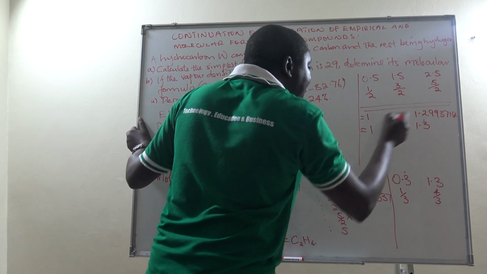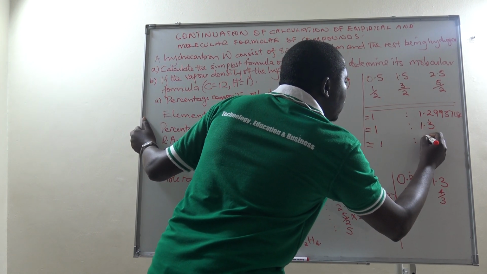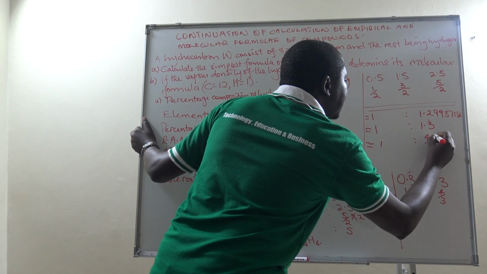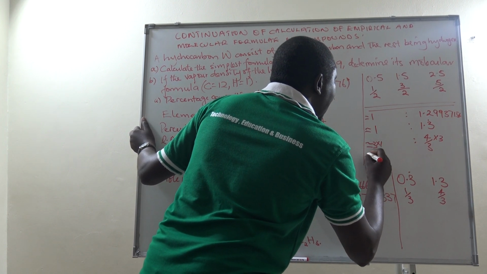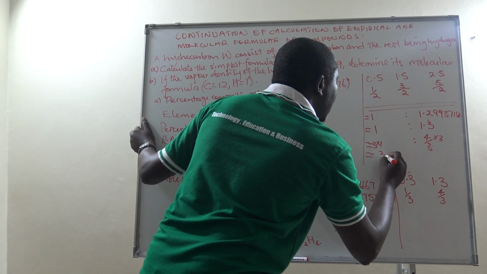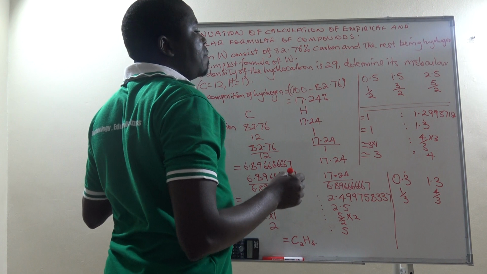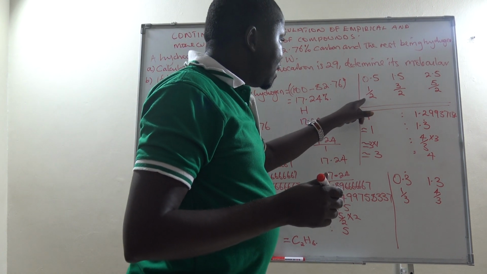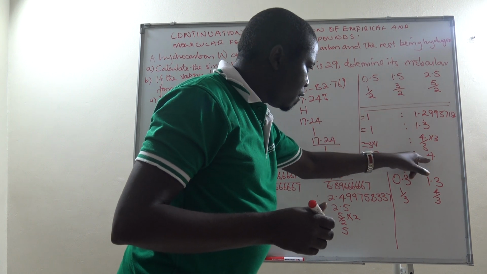Then we bring it back here. It will be approximately 1 to 4 over 3. Then multiply both sides by the denominator, so by 3. And it will be approximately a ratio of 3 to 4. And then your empirical formula will be this element here, 3, then this element here, 4.